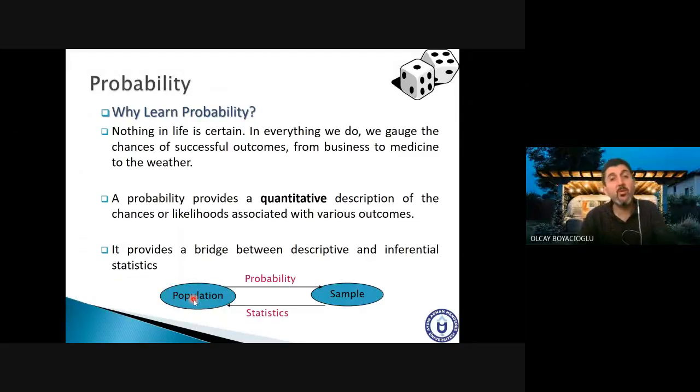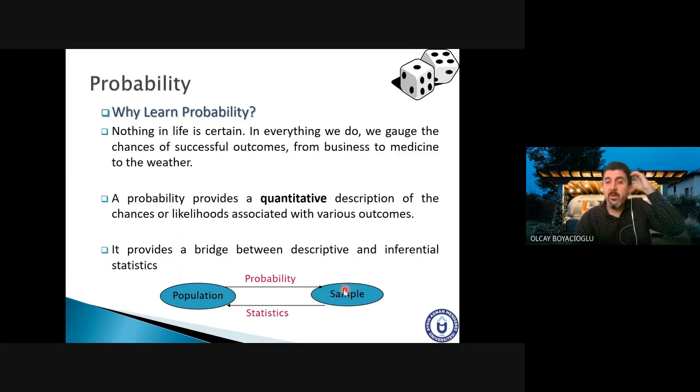It requires too much money to be spent to observe the entire population. So instead of that, we try to observe a sample selected randomly out of the population, and after observing the sample, we make inferences about the population.